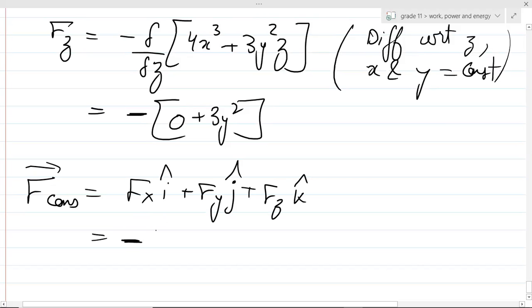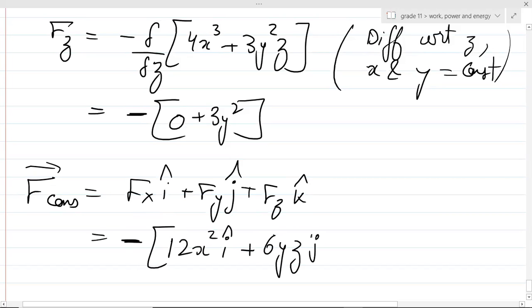I can take minus sign as common, and this will be 12x square i cap plus 6yz j cap plus 3y square k cap with the minus sign. That will be the answer. Is this clear? Is this clear, guys?